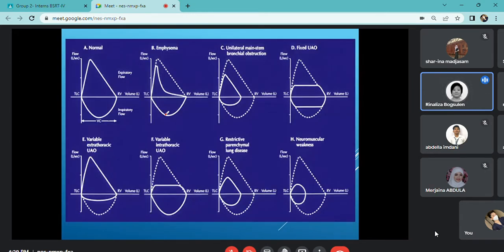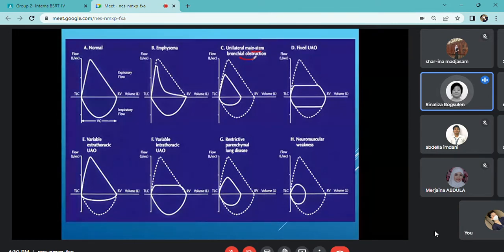Okay. These are all examples of different loops still. Okay, so normal looking loop, emphysema, so see, it's very obvious yung scooping out nila, 'di ba? Ito naman, obstruction. So anong nawala? Ito. Okay, you have truncation in your expiratory. Saan yan?